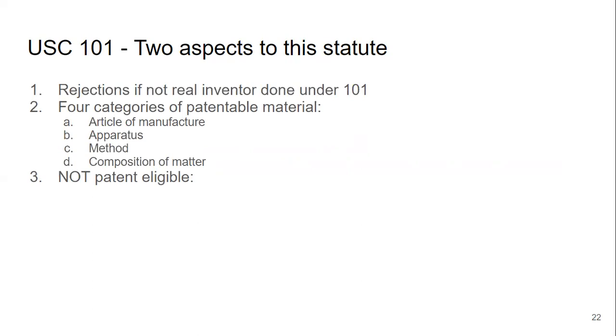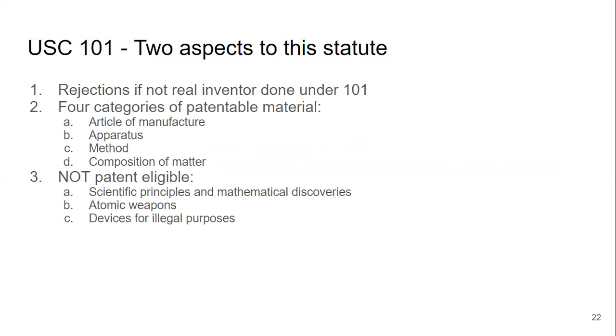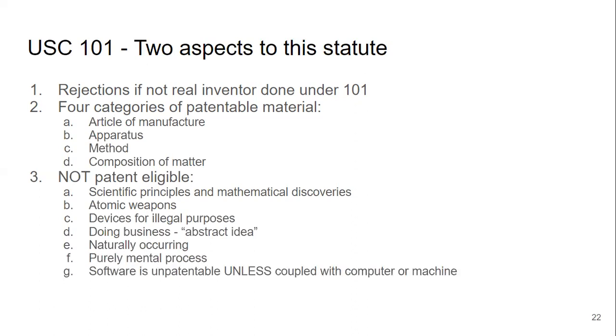Now, those which are not patent eligible, and probably see more of this as we go, scientific principles and mathematical discoveries, atomic weapons, devices for illegal purposes, doing a business, so any sort of abstract idea, anything that's naturally occurring that hasn't been reduced or purified in any regard, a purely mental process, and software, this is just kind of more a note than anything, is unpatentable unless it's coupled with a computer or machine.